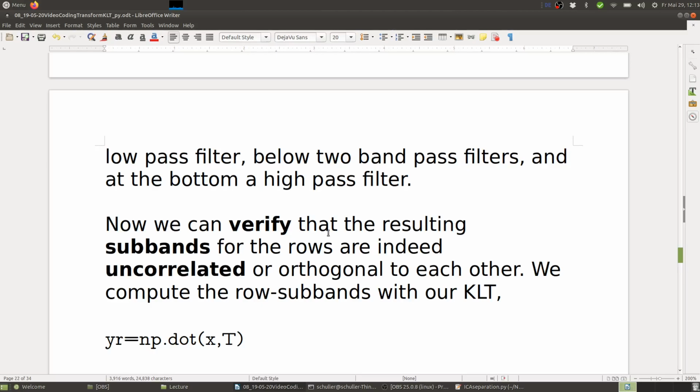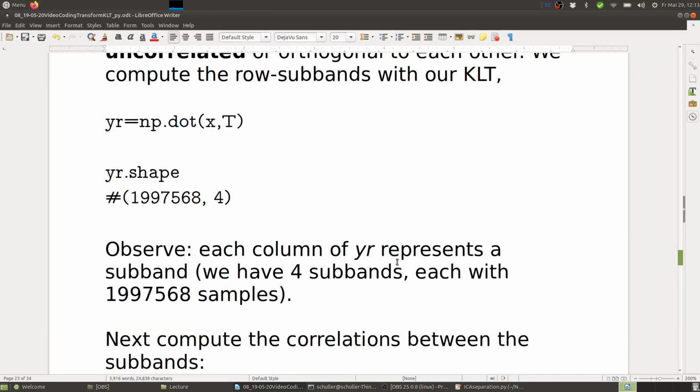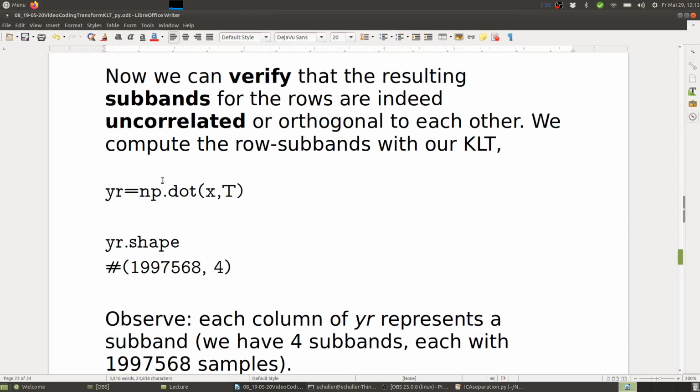Now we can verify that the resulting subbands for the rows are indeed uncorrelated or orthogonal to each other. We compute the row subbands with our KLT. Here we apply this obtained T to our matrix X, which contains the row snippets of our image.